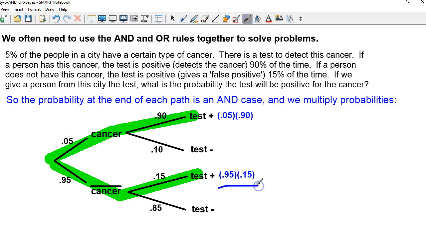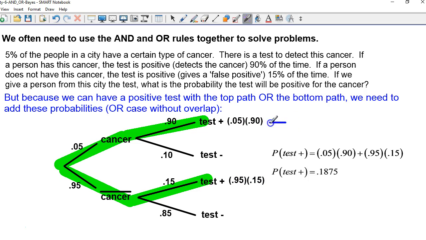The other way to have a positive test is if we don't have cancer, 95% probability, times the probability of having a positive test given that we don't have cancer, 15%. So 0.95 times 0.15. So we can fill out those end node or leaf probabilities for the two ways to get a positive test. But we still have to combine them, because we can have a test that's positive from this, or we can have a test that's positive from this.